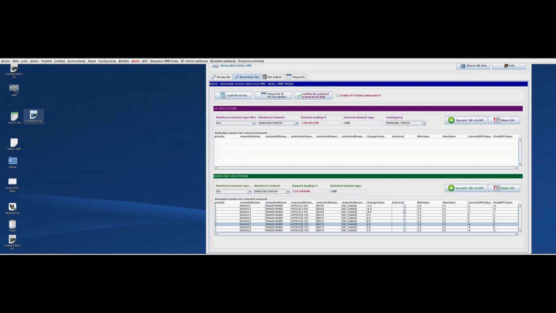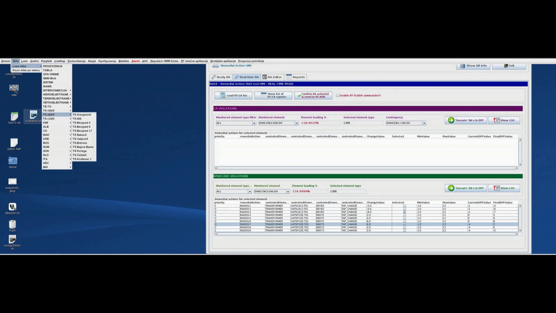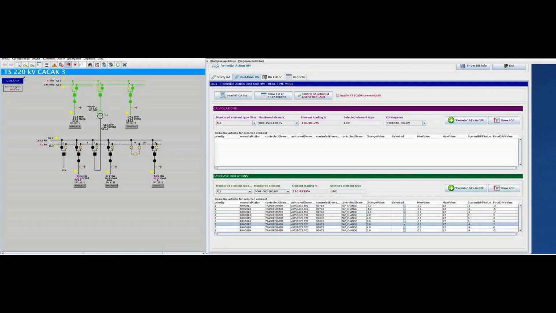That's one safety measure that is implemented into the RAA tool, so that the dispatchers wouldn't accidentally send the commands before they confirmed it and decided that they are valid.